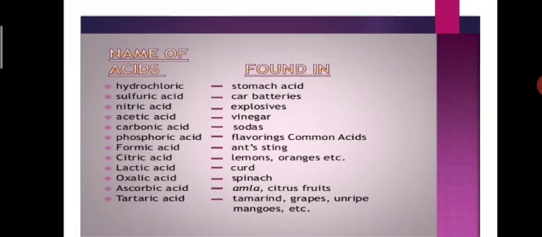After that we learned the examples. The name acid comes from the Latin word acere, which means sour. And these are the acids and where they are found.